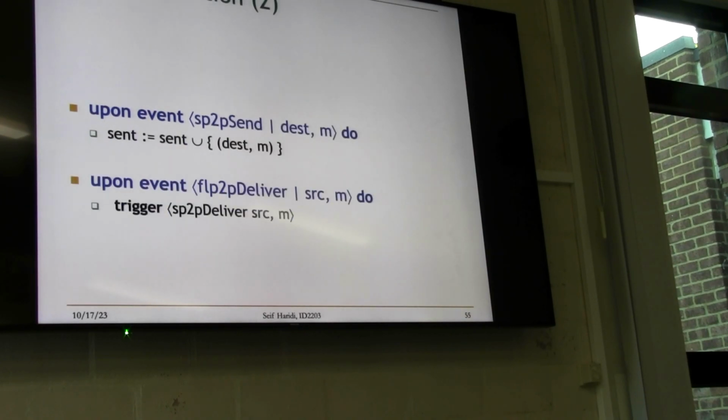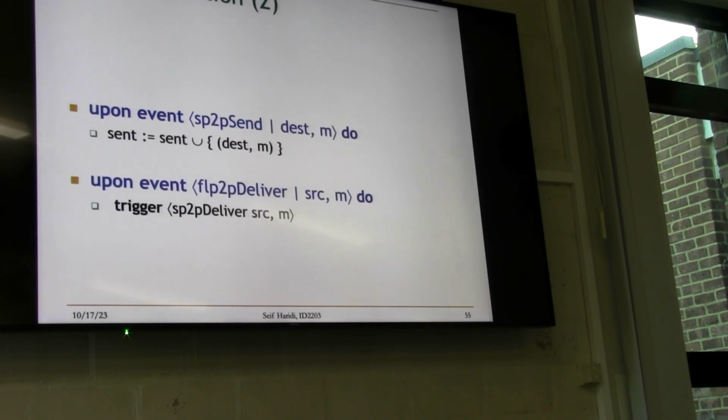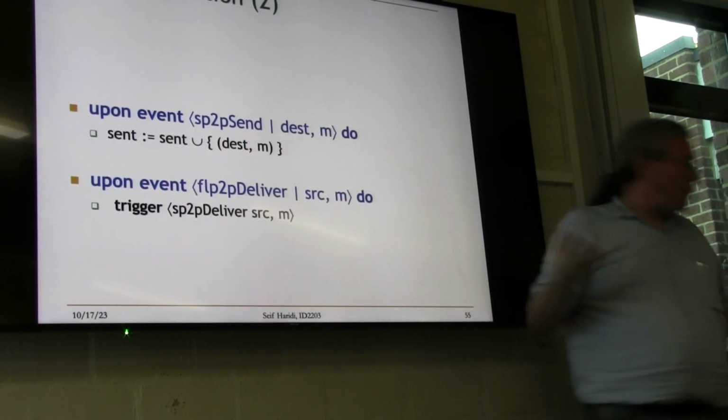So you understand this. These four rules together are running in a single yellow box, as we showed, and it's single-threaded. That means only one rule can be running at any time. Whenever an event happens, so there's an init, timeout, and then there's these two events when messages are received, then a rule can be executed.